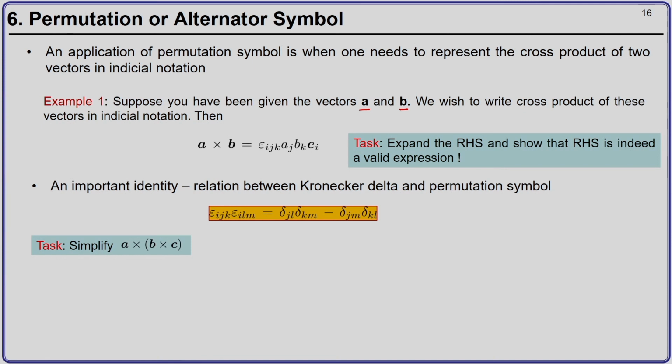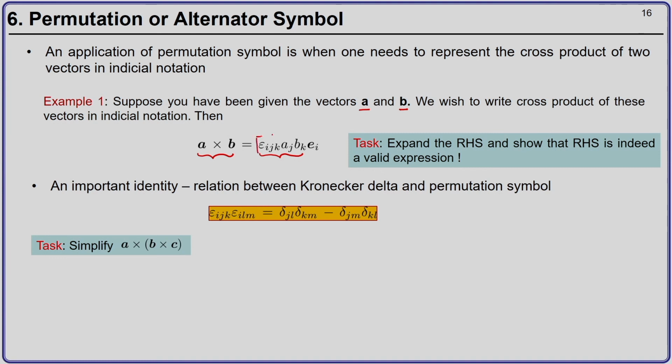The cross product of two vectors is a cross b, and you know the cross product of two vectors also gives you another vector. The way the cross product is written is epsilon i j k a j b k e i.